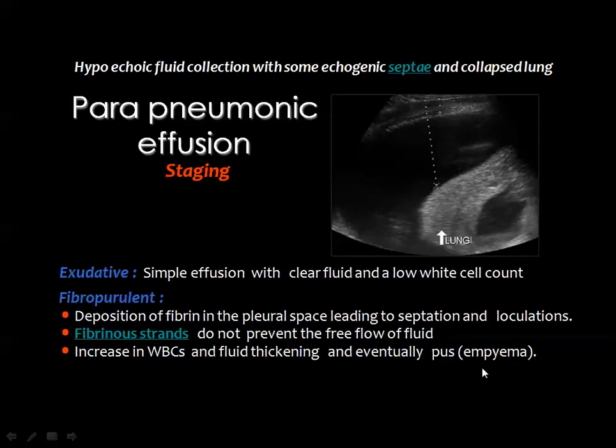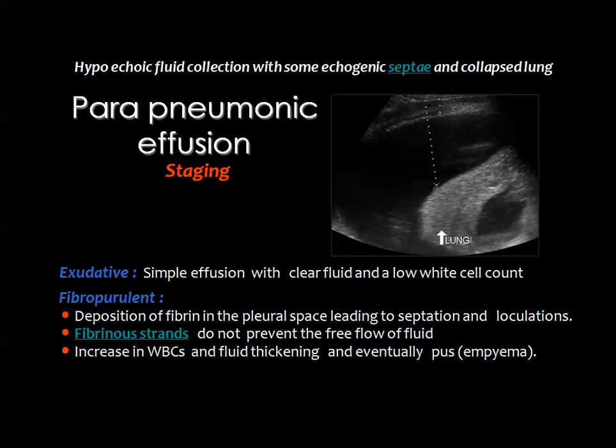Then the pleural effusion associated with pneumonia starts by being a simple effusion with clear fluid and low white cell count. And after that, the fibrinopurulent effusion, there is deposition of fibrin in the pleural space, leading to septations which are at the beginning incomplete.